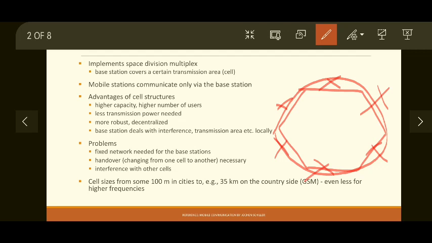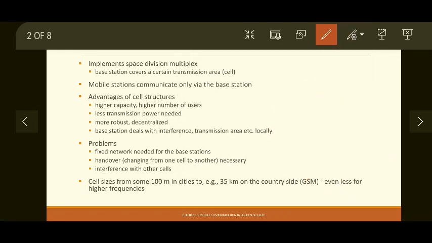So hence the shape of the area is considered to be a hexagon. It is called a cell. So coverage areas are said to be covered by hexagonal shaped cells which are closer to the radiation pattern of an isotropic radiator.